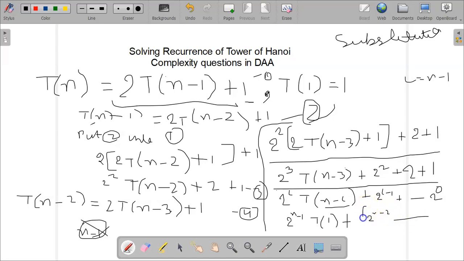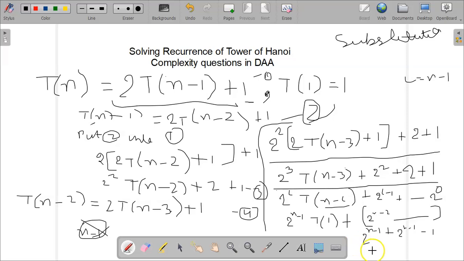Now we can write this using the GP formula. We can write the sum as (2 raised to the power of n-1 minus 1) upon (2 minus 1), which is 1 only, plus T(1), which is given to us as 1, so 2 raised to the power of n-1.